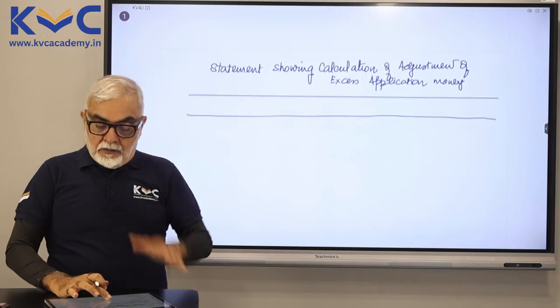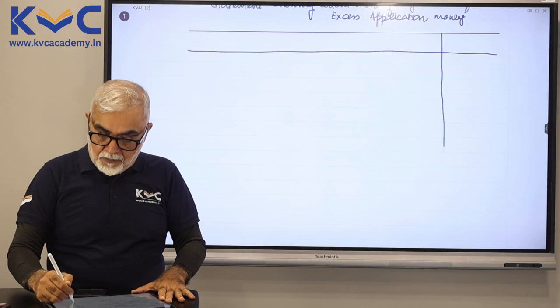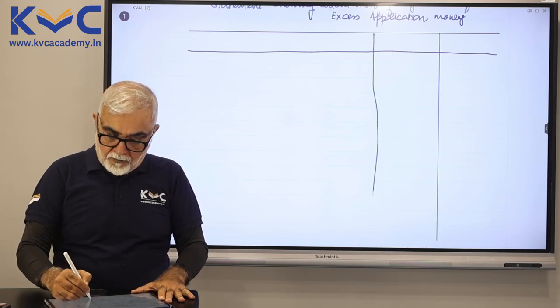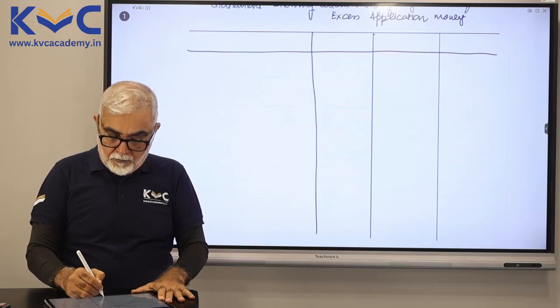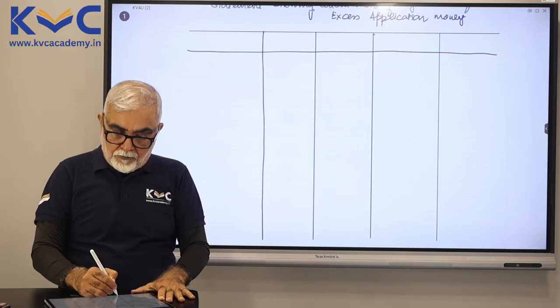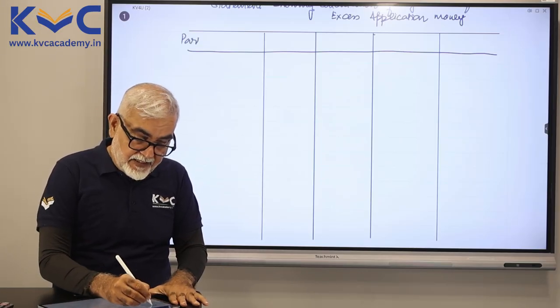Now, I'll make a few columns. I'll explain what these columns are for. Okay, this is particulars.